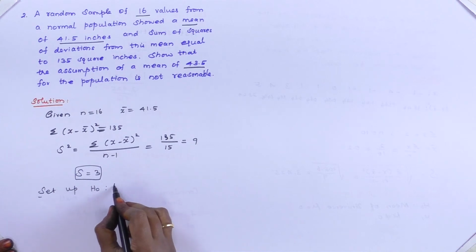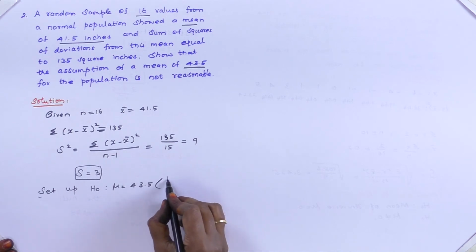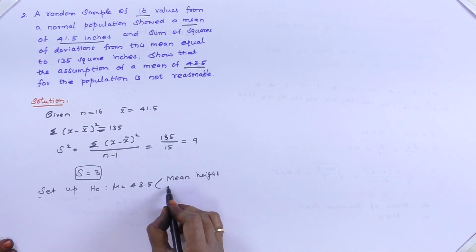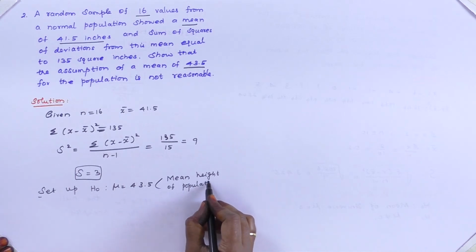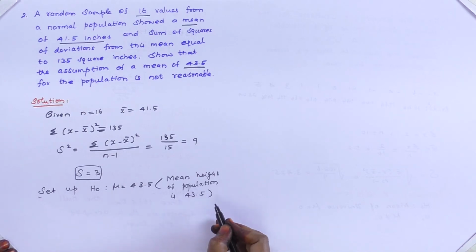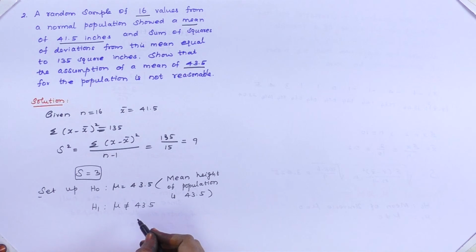H0: mu is equal to 43.5, that is the mean height of the population is 43.5 inches, and H1: mu not equal to 43.5.